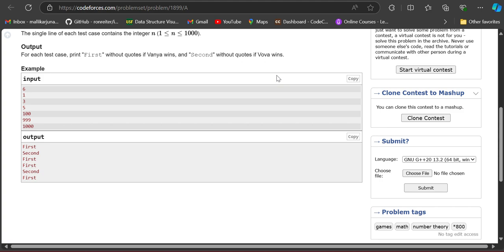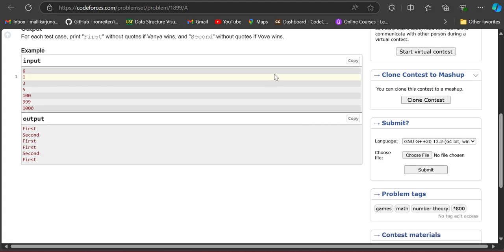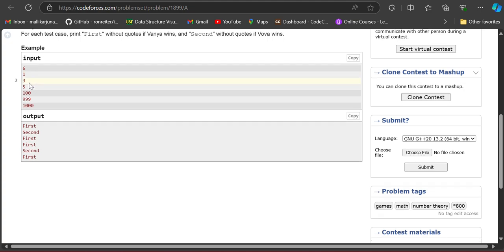So I don't give a chance to the first player. Definitely I will give a number which will not make him win. Okay, and so for three, the second player is the winner because after performing the operation he must lose.